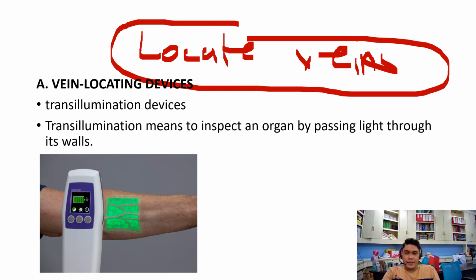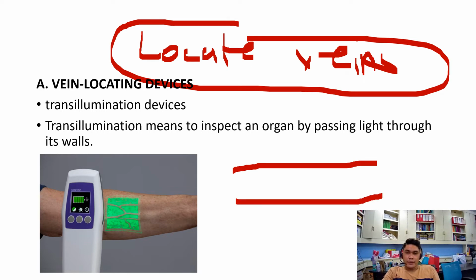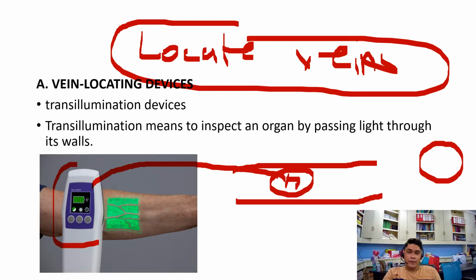Our blood vessels contain blood, and one of the components of our blood is the cellular component, an example of which is the RBC. The RBC contains hemoglobin, and the hemoglobin inside the RBC absorbs the light from the vein locator.